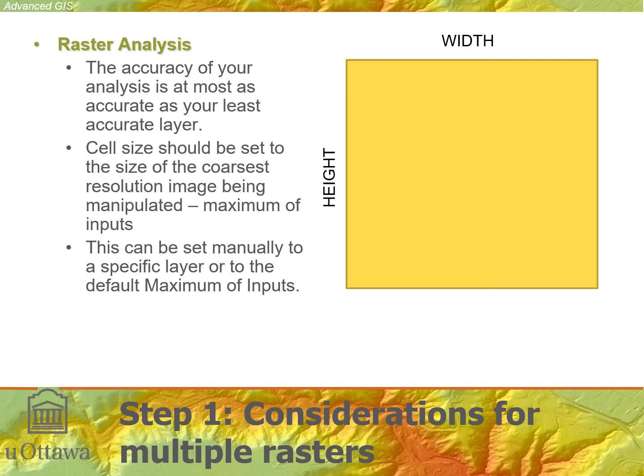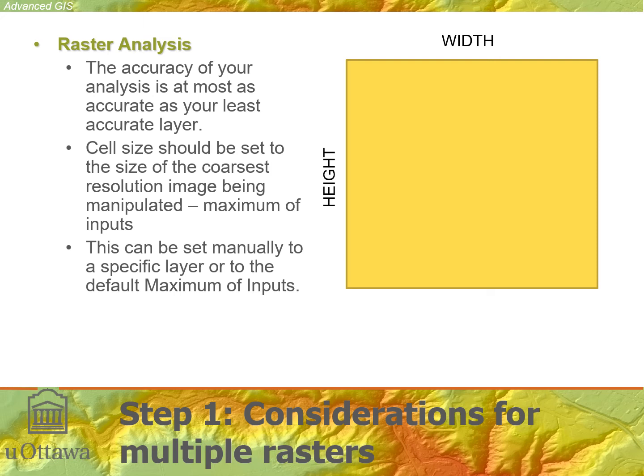Because you can't get more information out of a 10 square meter. We don't know anything about, remember, sub-pixel variation. So we can't add more data to sub-pixels in order to match up and say, okay, let's just make 5 square meter cells out of our 10 square meter so we can do an analysis of 5 square meters. Because we're actually just duplicating the data that was in the 10 square meter cells.